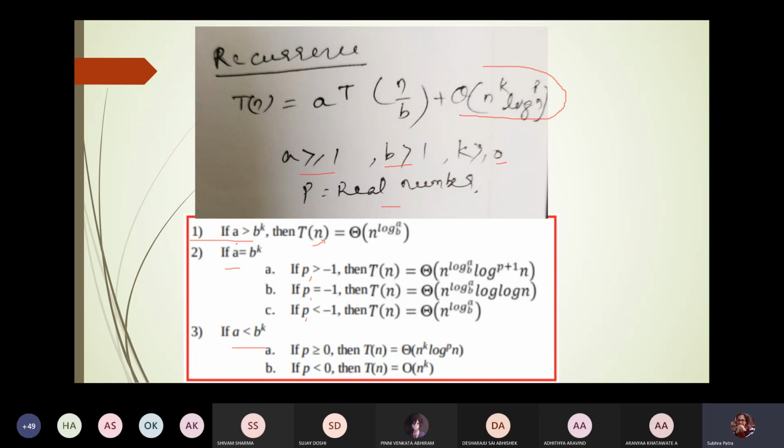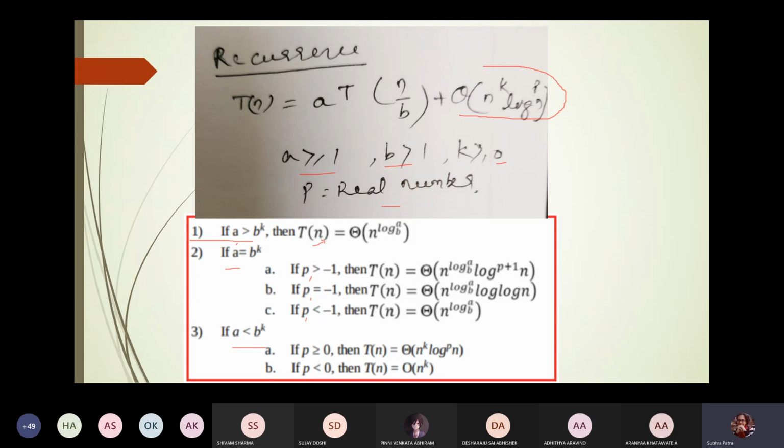In this case, if p is greater than -1, then the time complexity is theta of n raised to log a base b multiplied by log n to the power p plus 1. Okay, if p equals -1, then T(n) is theta of n to the power log a base b, multiplied by log of log n.